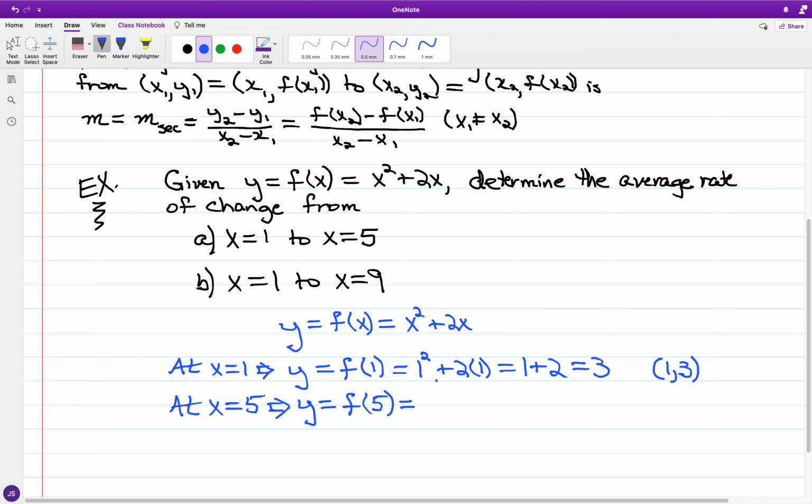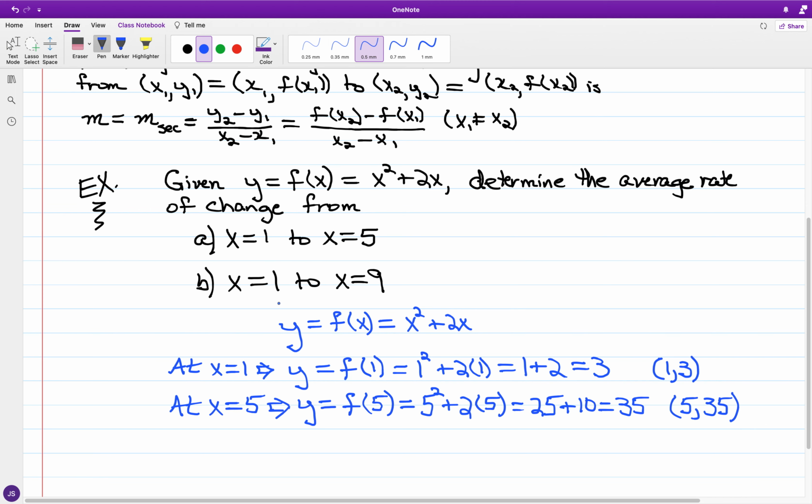And for x squared plus 2x with x at 5, we have 5 squared plus 2 times 5, which is equal to 25 plus 10, which will be 35. And so on the graph of this function, along with (1, 3), we have (5, 35).